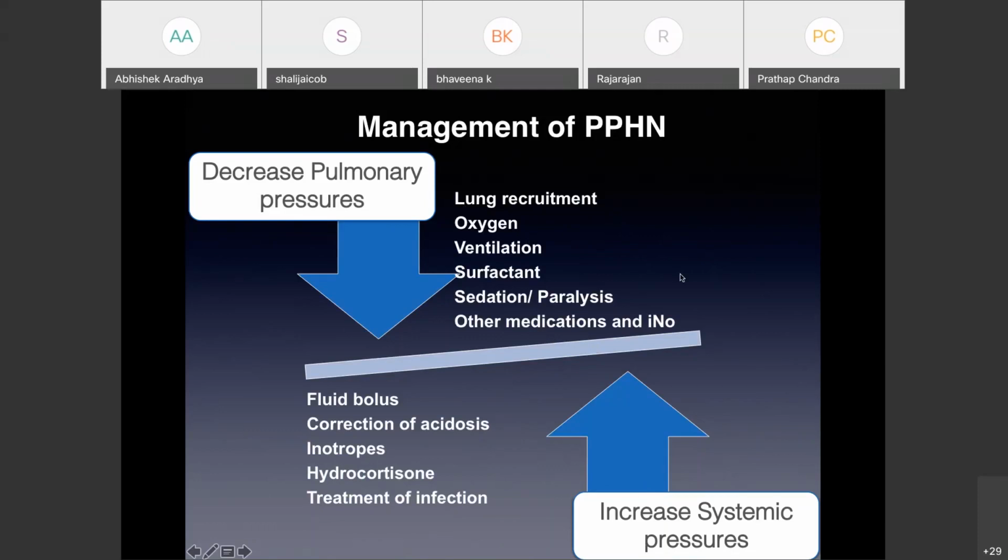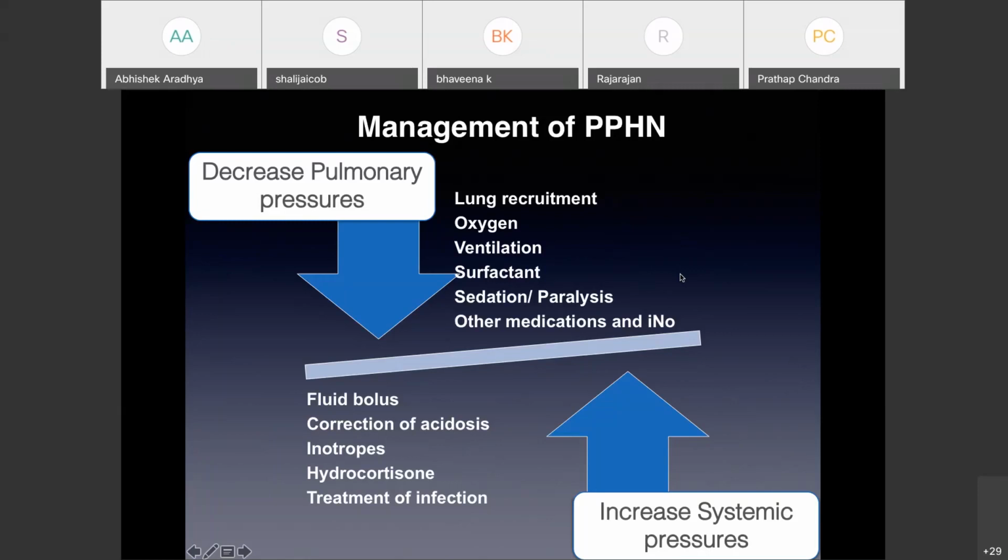Oxygen still stands as one of the most powerful vasodilators in the world right now, followed by ventilation. A lot of our babies will need ventilatory support, whether it's meconium aspiration, pneumothorax, congenital pneumonia, birth asphyxia or congenital diaphragmatic hernia. In fact, the majority of these babies are ventilated.